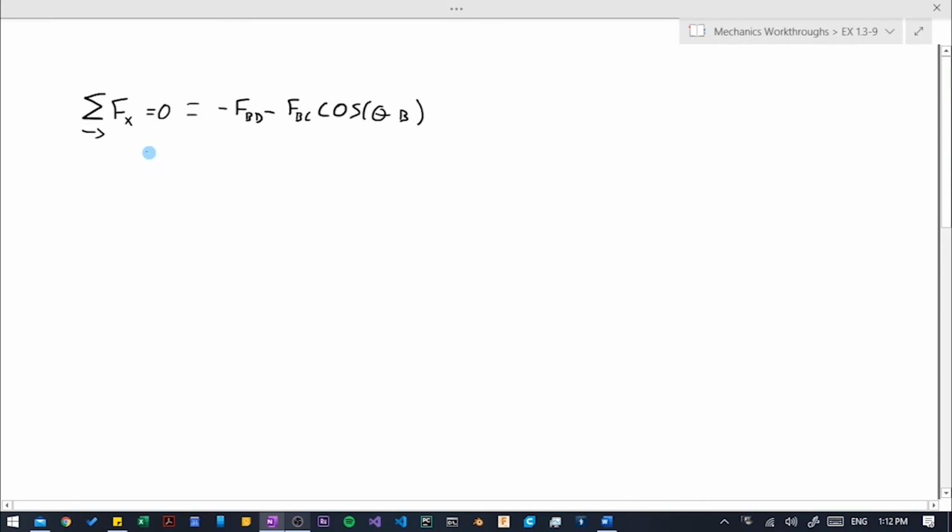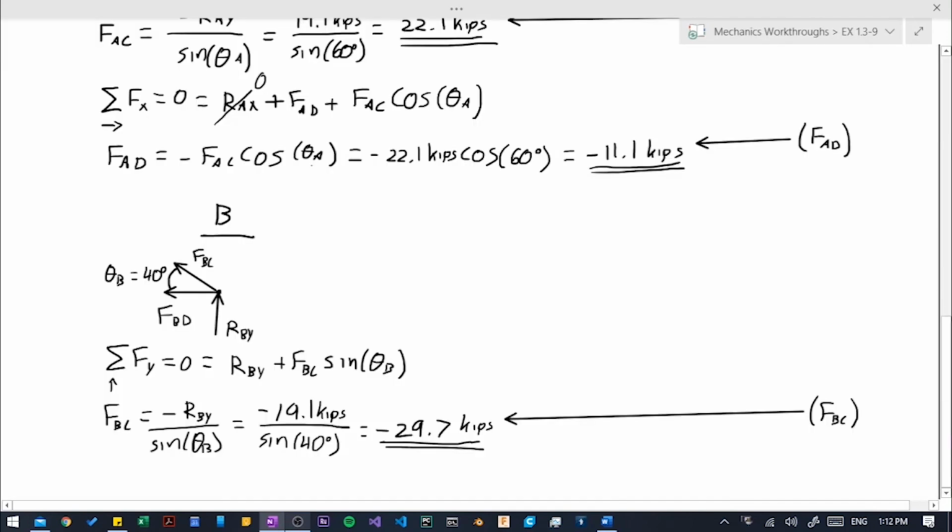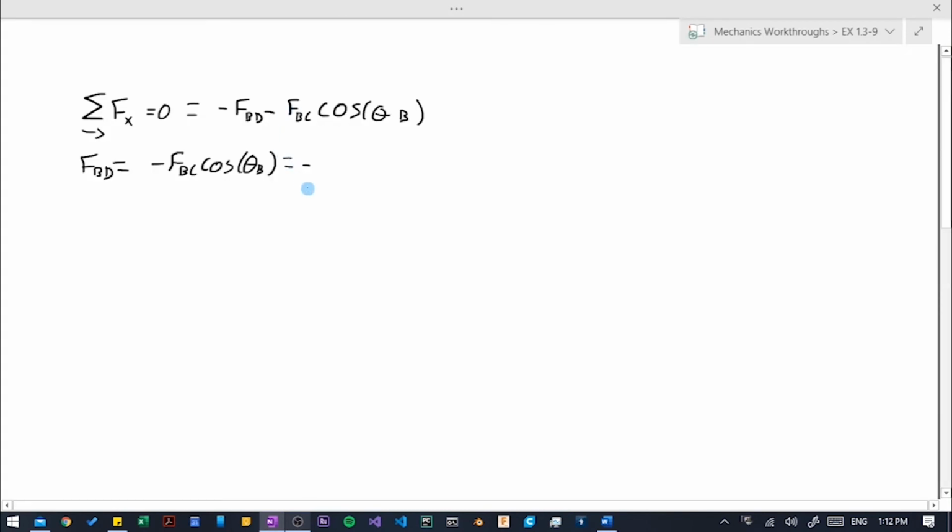Then we rearrange for FBD. FBC is negative, and since we're multiplying by a negative, it actually becomes positive 29.7 kips, and this is equal to 22.5 kips. This is actually 22.8 kips.